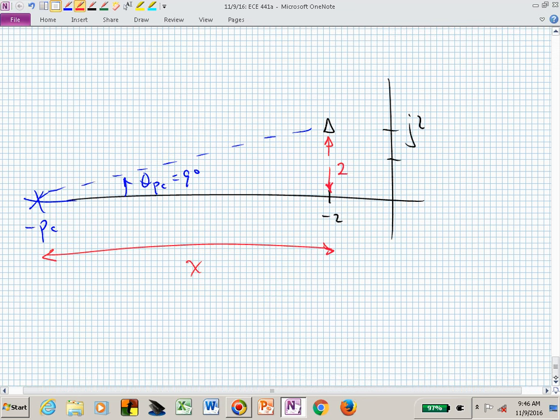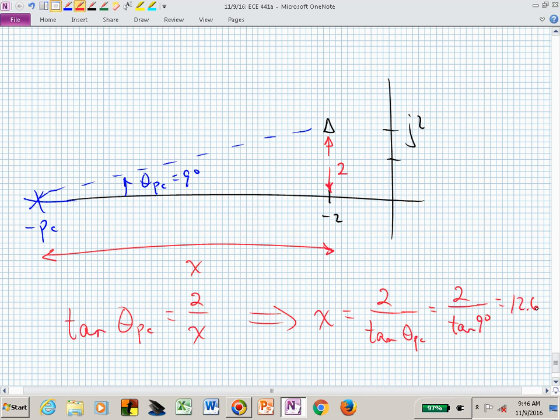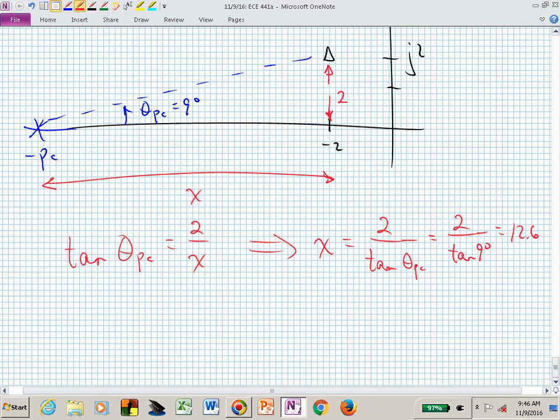We know that the tangent of theta p sub c is actually 2 over x. And now we can solve for x. X is now 2 divided by the tangent of theta sub p sub c, or this is 2 divided by the tangent of 9 degrees, which ends up being 12.6.